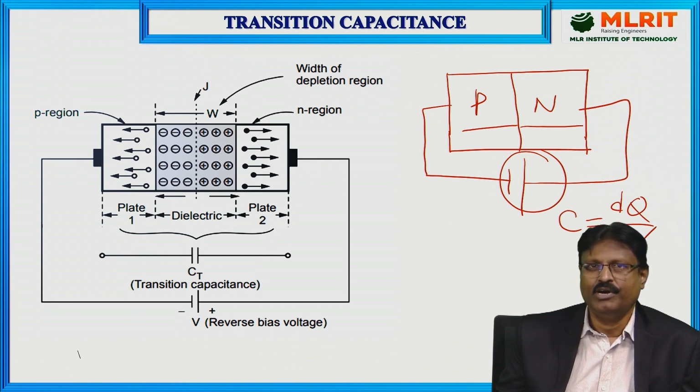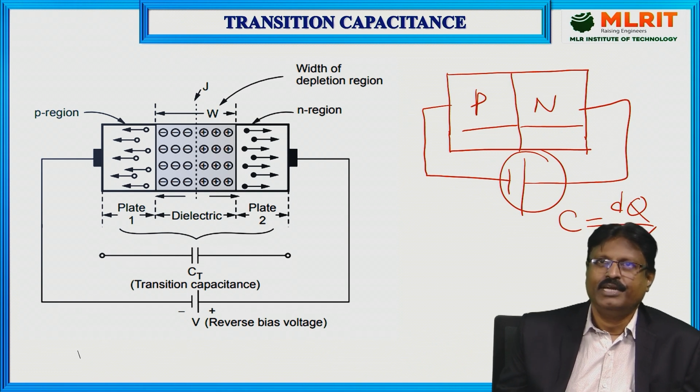Whenever charge varies in accordance with the voltage, that effect is called a capacitive effect. In reverse bias, this type of capacitance is called transition capacitance. In the same manner, in forward bias, the diode once again exhibits a capacitive property, called diffusion capacitance, which will be discussed later.